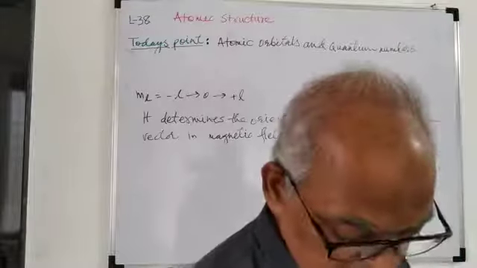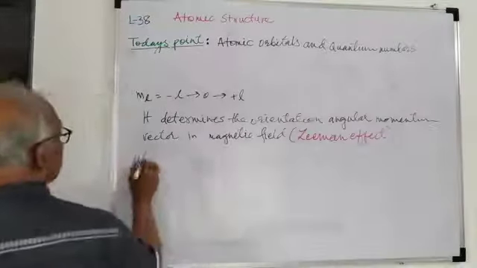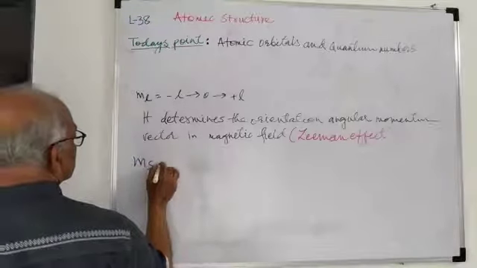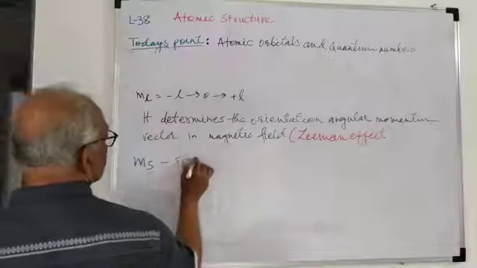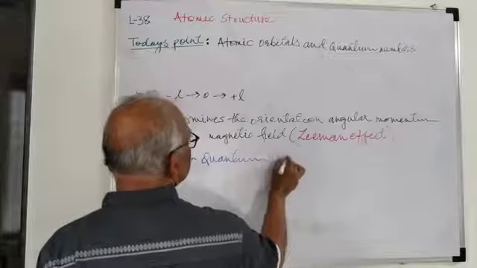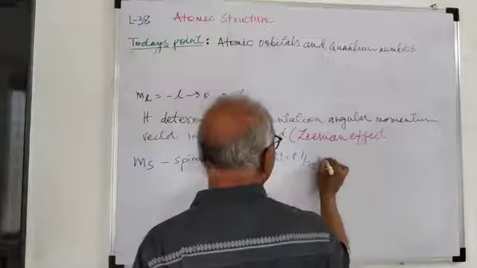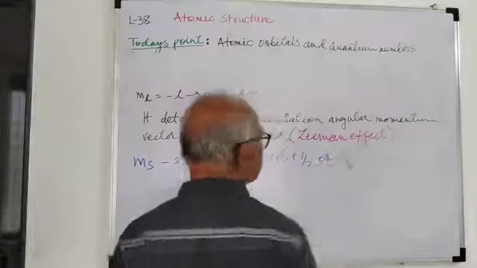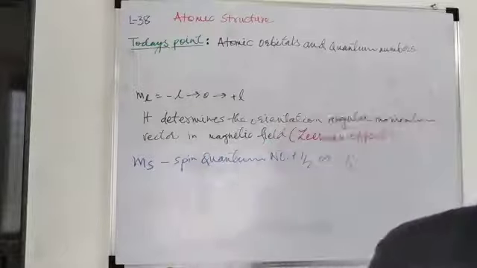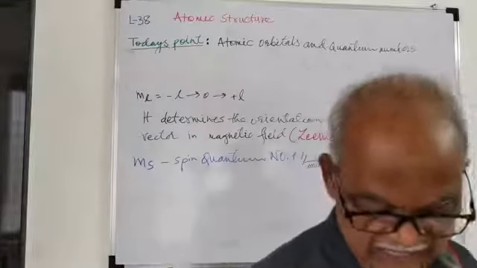Now the last quantum number, which we have seen earlier, is MS, that is the spin quantum number, which has values either +1/2 or -1/2 depending upon its orientation in the magnetic field.